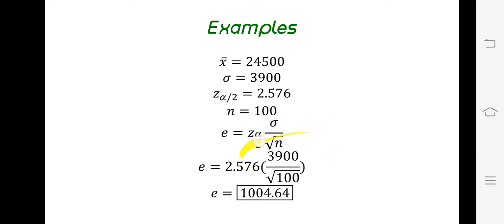In other words, we multiply 2.576 by 3,900, and then divide it by the square root of 100, which is 10.